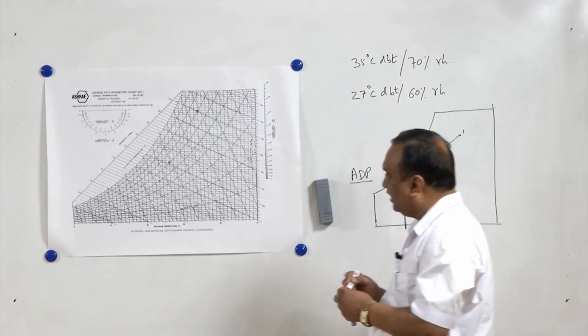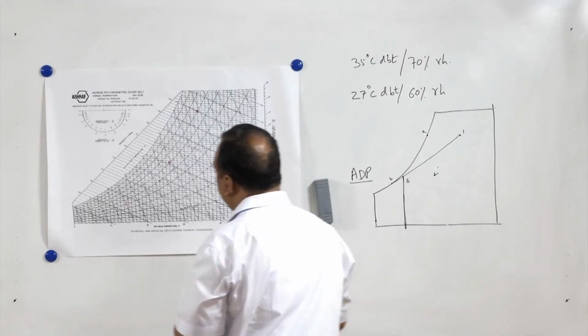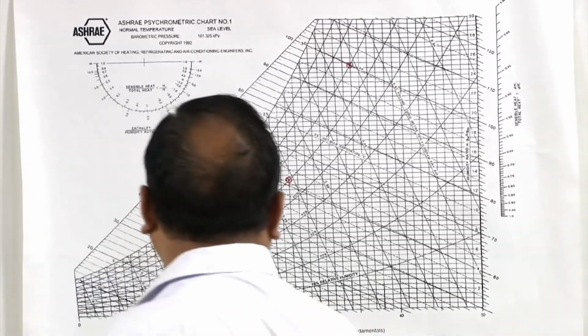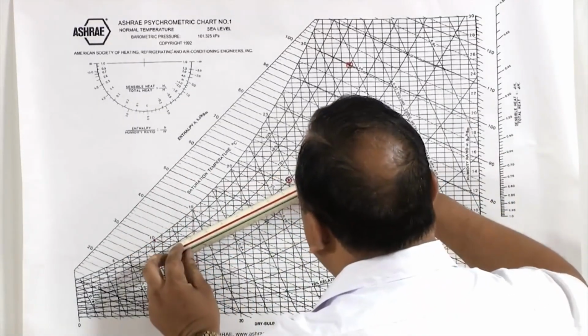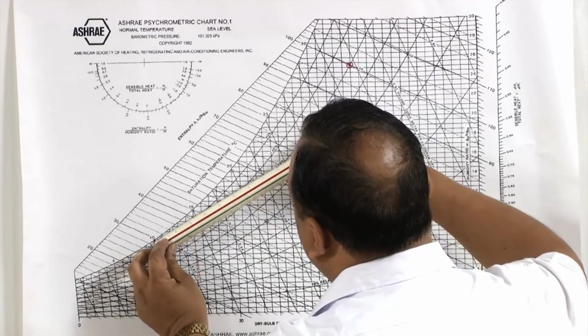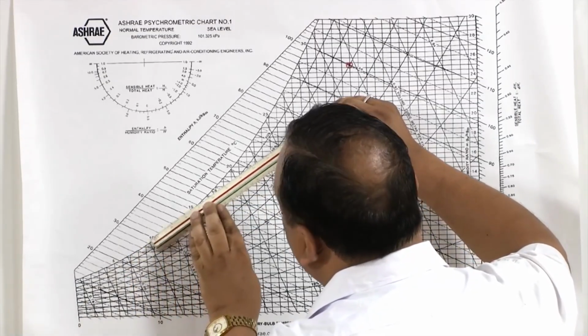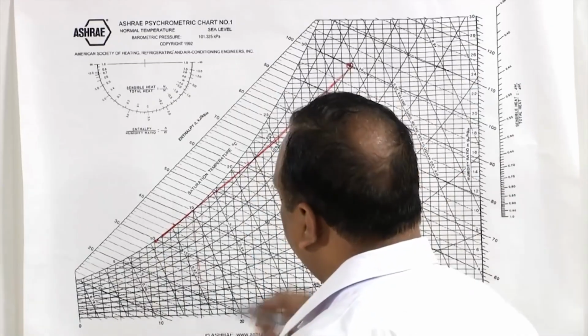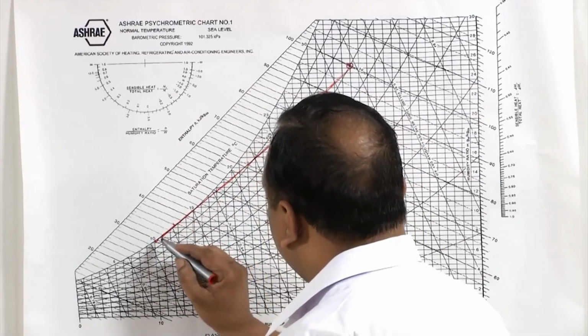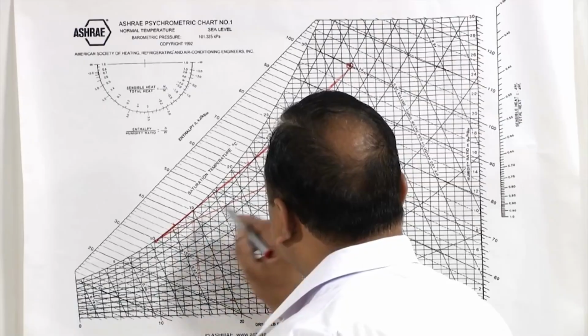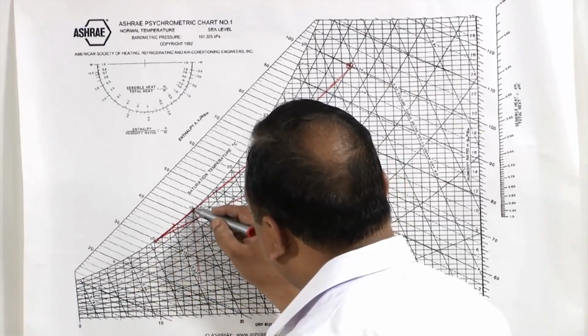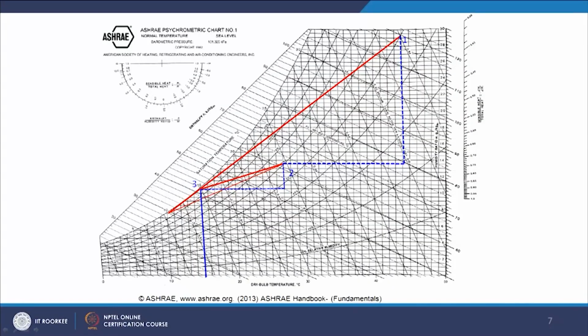So point 3 can be located here also. This is the 10 degree centigrade line, and outside air is cooled first of all, initially, then air is supplied at 15 degrees centigrade from here. So that is point 3.